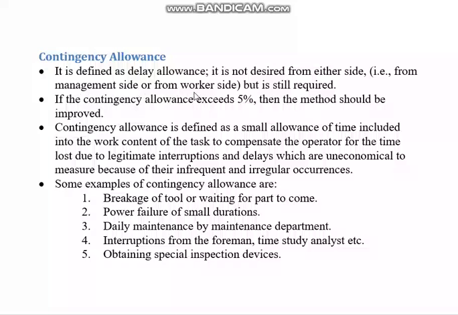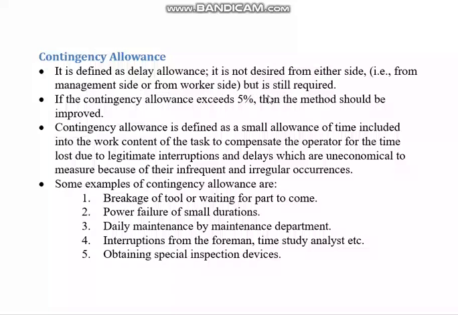And the worker will not want it because if he is able to produce more, he will be able to get incentive for producing more. But now, because of the delay which is not in his hand, which he cannot do anything about, he will also not want it. Neither the management nor the worker desires this.